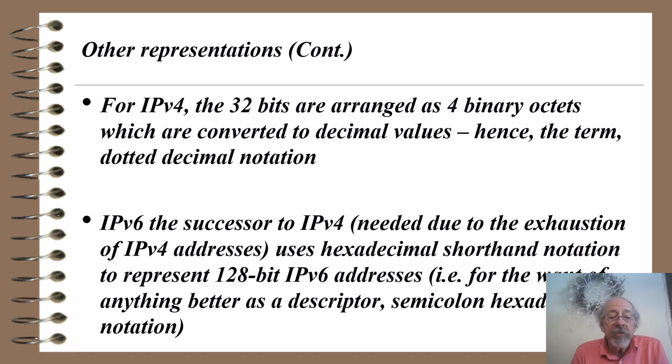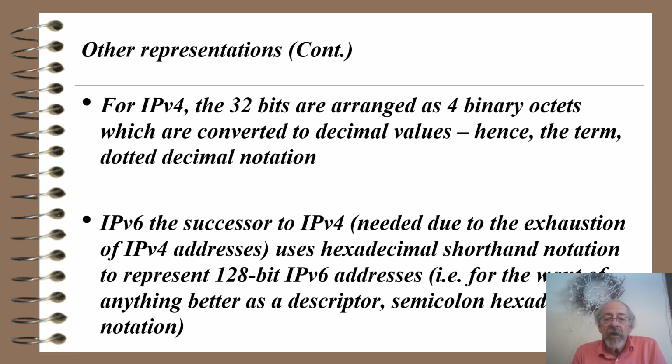Now, IP version 6, the successor to IP version 4, and why is this needed? Due to the exhaustion of IP version 4 addresses. You might think 32 bits is enough, but you raise 2 to the 32 power and you discover that you don't have that many locations or IP addresses available to you.